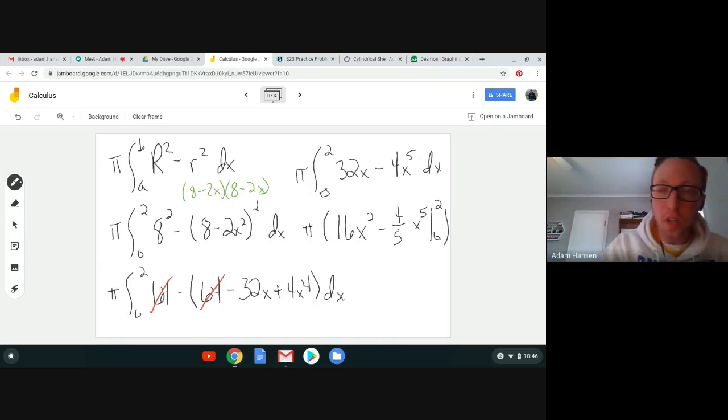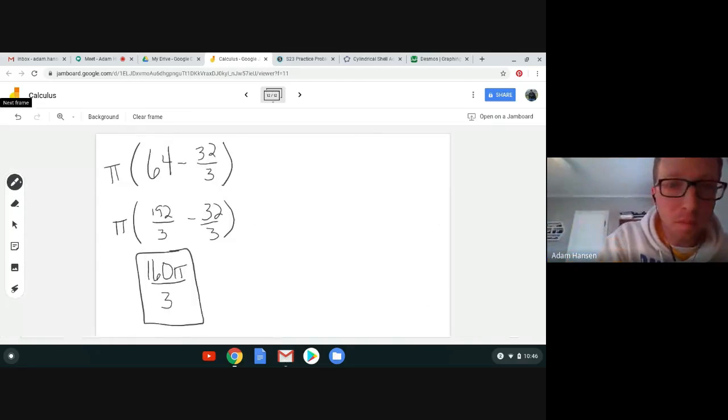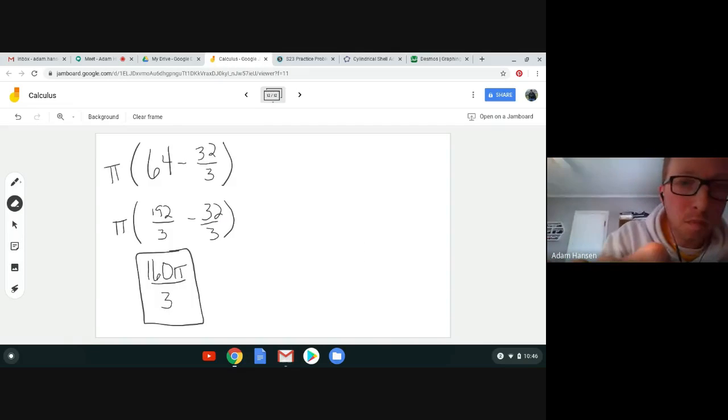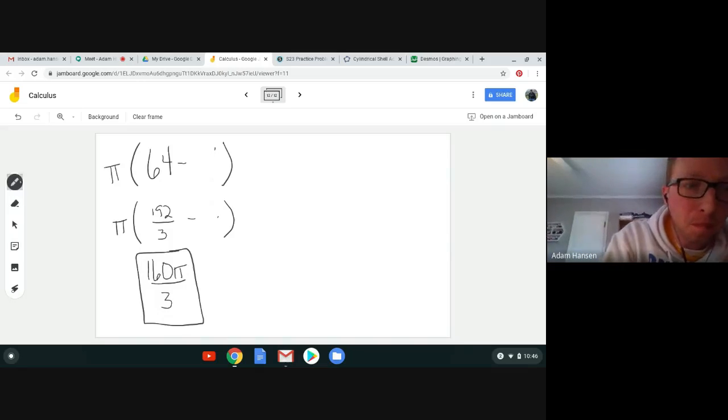So 128 fifths. The common denominator is 5.